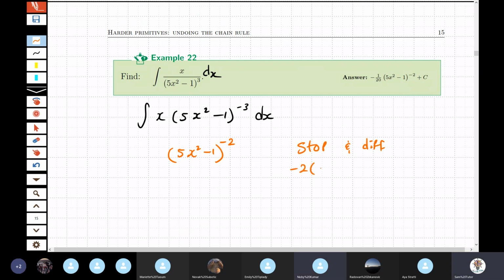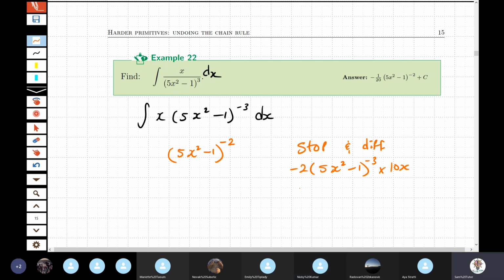Negative 2, 5x squared minus 1, to the negative 1. Or do you? Negative 3 now, because you're differentiating. You want it to be negative 3 because the original question had negative 3. All right, go back. So negative 3 times 10x. Perfect.